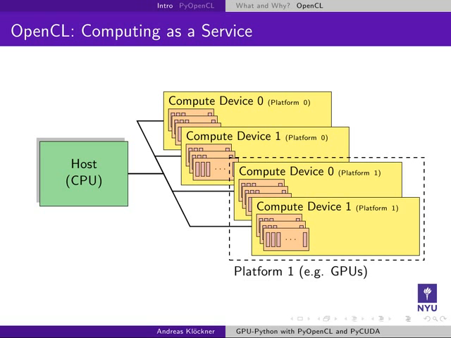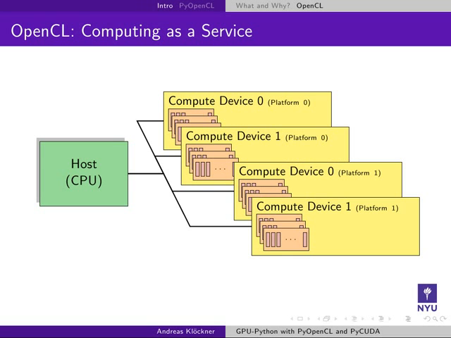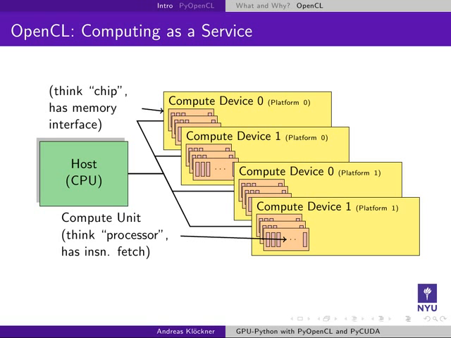And what does all this terminology mean? Well, a compute device is something that has a memory interface, something that has memory attached to it that you can transfer data into. And a compute unit within that is what corresponds to a core, as we described in the architectural overview. And lastly, a processing element is otherwise commonly called a SIMD lane, or as we said earlier, an ALU.